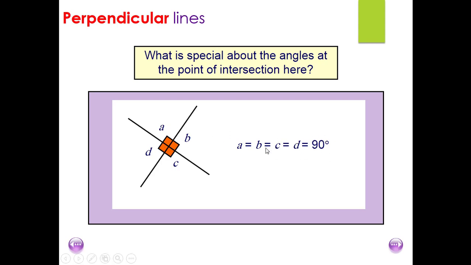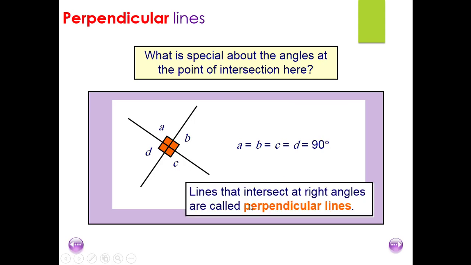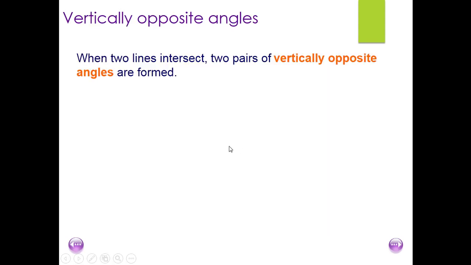So A equal B equal C equal D, and all these angles equal 90 degrees. So lines that intersect at right angles are called perpendicular lines.